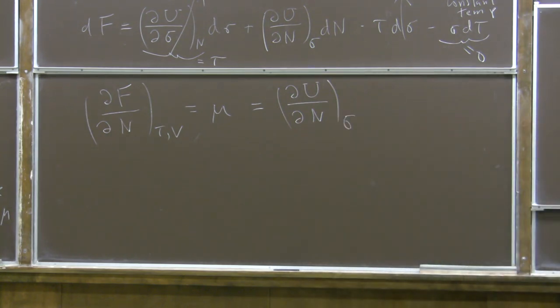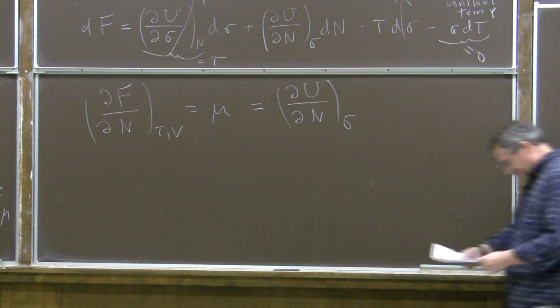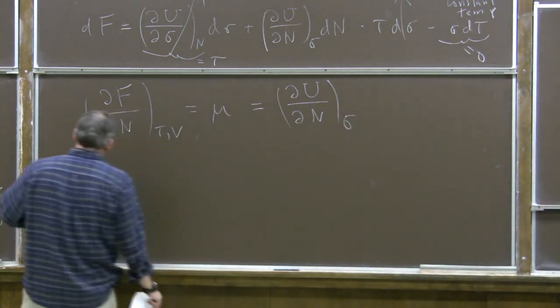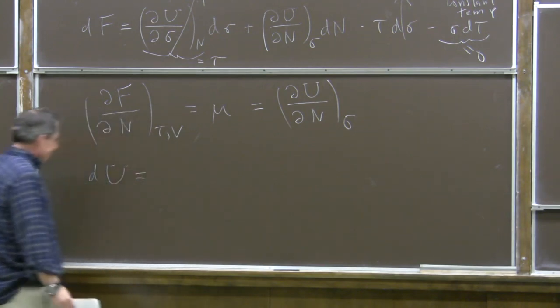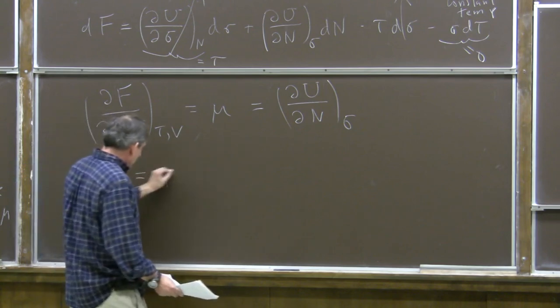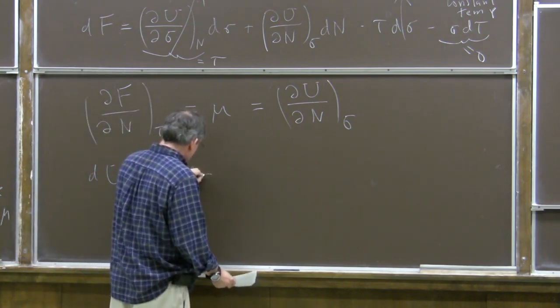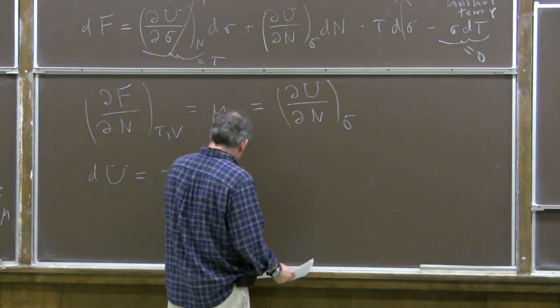So we can generalize the thermodynamic identity that we wrote down before, which describes the first order change in energy, entropy, and volume, how they're related. Before we said the first order change in the energy can be written as tau dσ minus p dV.